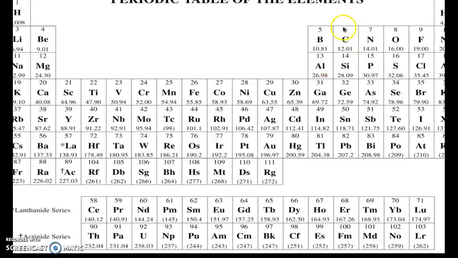The carbon group tends to share electrons rather than lose or gain. So they tend to not form ions. The nitrogen group tends to form -3. So the nonmetals are going to be gaining electrons to get up to a noble gas now. So the nitrogen group is a -3. Oxygen group, they form -2s. And the halogens form -1s. And our noble gases, they're already set, so they don't do anything.